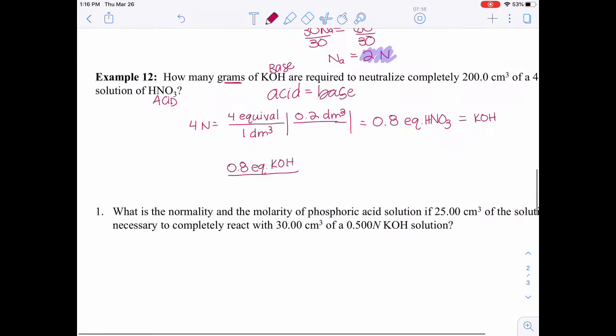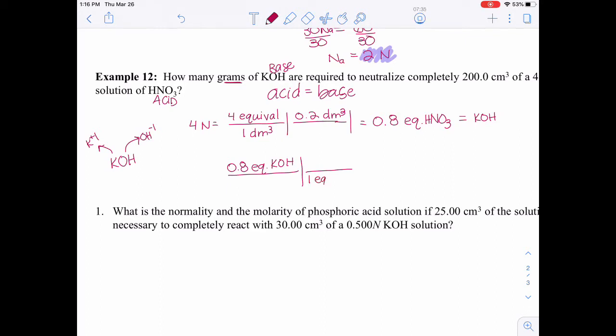When potassium hydroxide dissociates, it dissociates in a 1-to-1 ratio, which means there's 1 mole per equivalent, and then I can convert from moles to mass, which is 56.1.